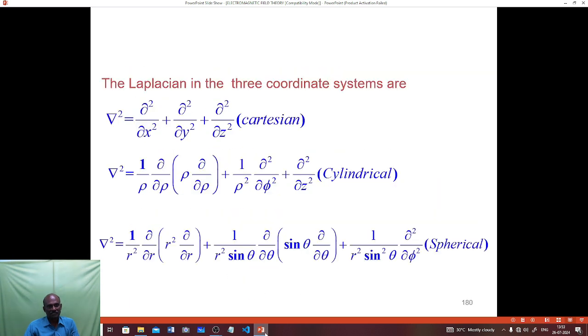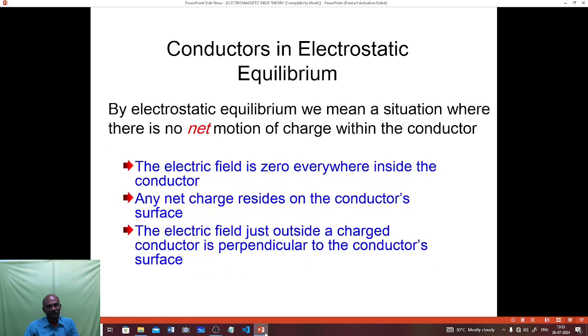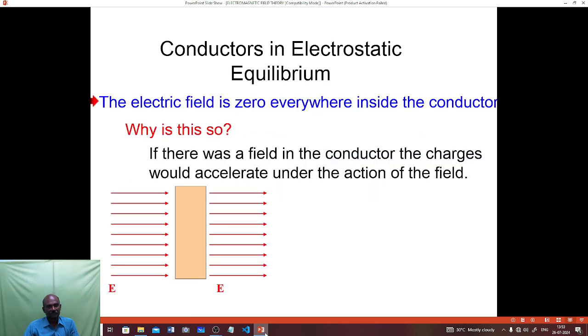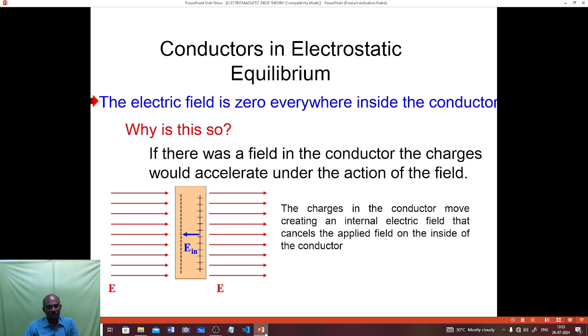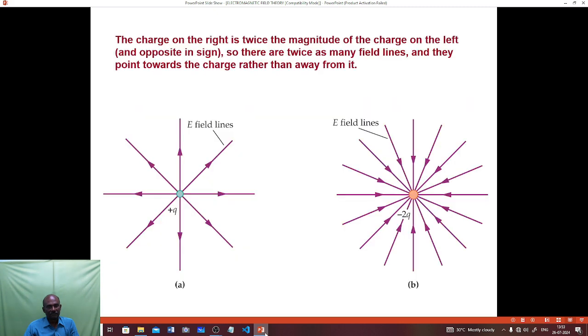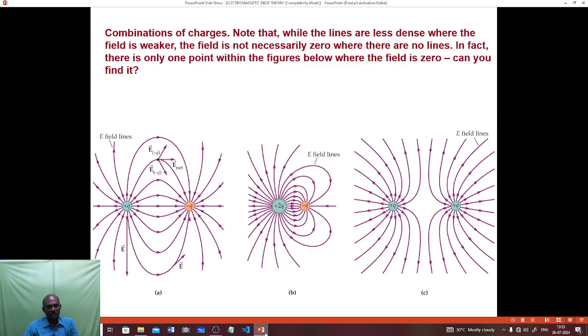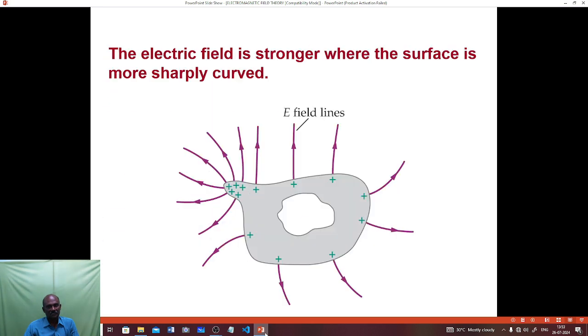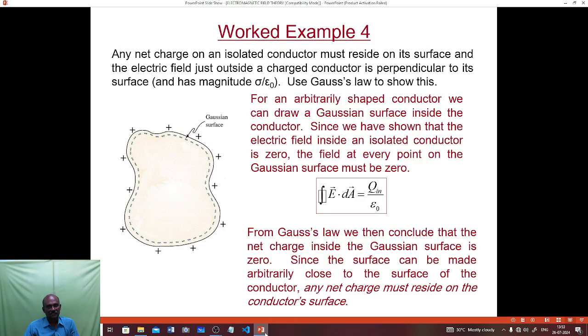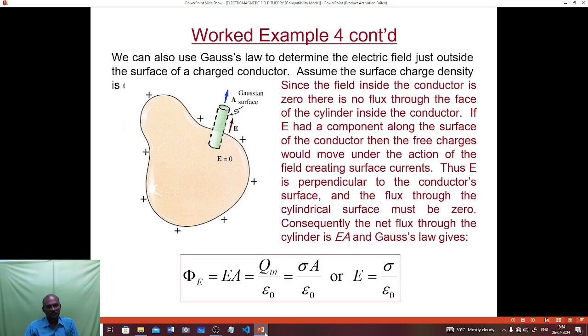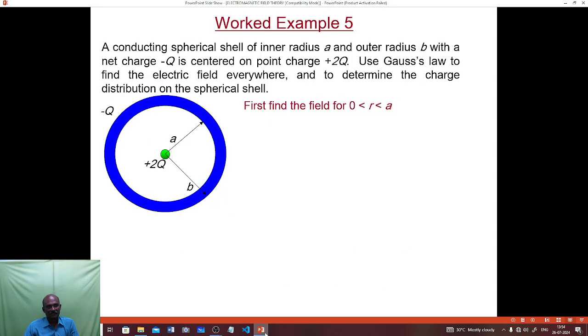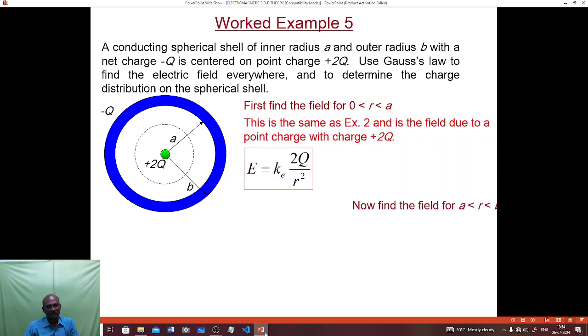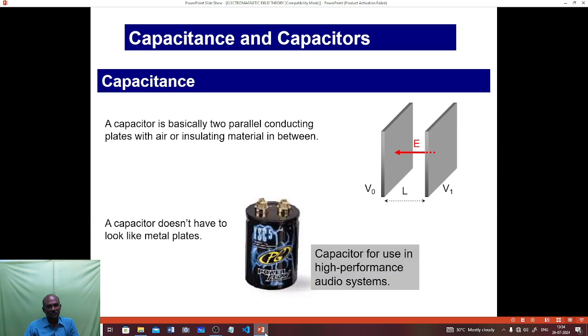By solving these Laplace equations for various systems, we can find the electric field lines surrounding charges at rest.